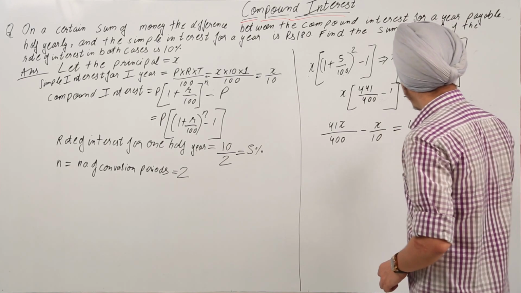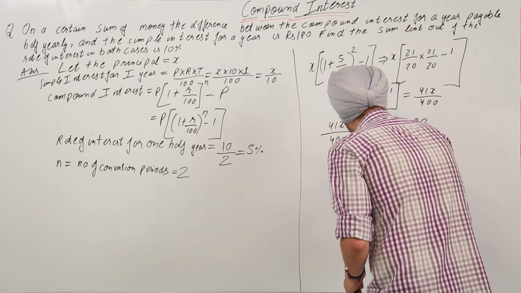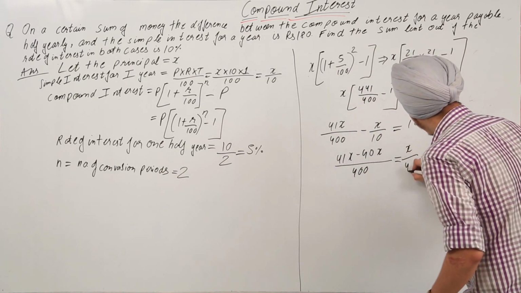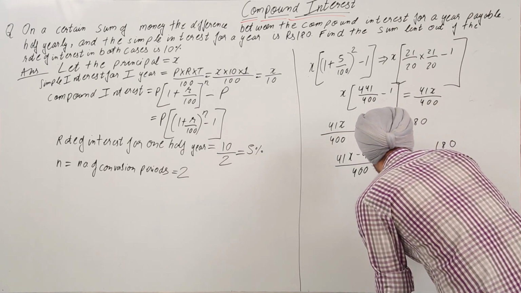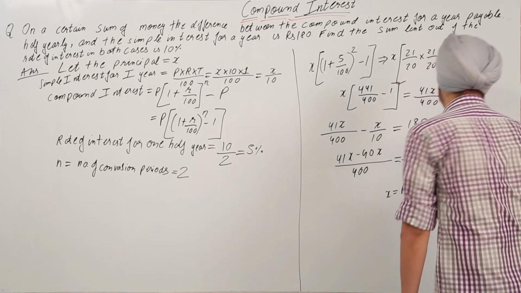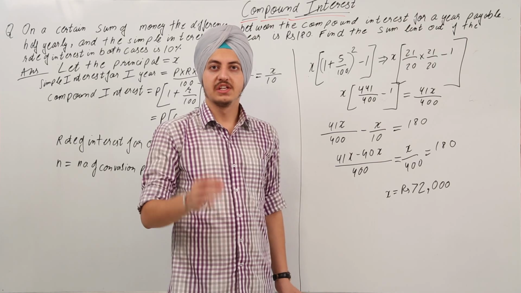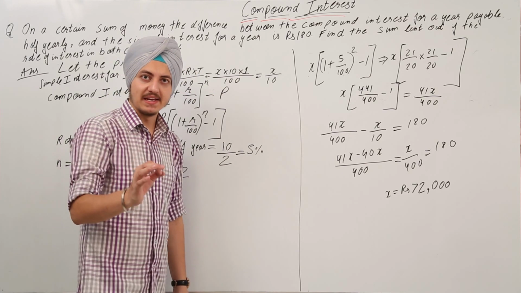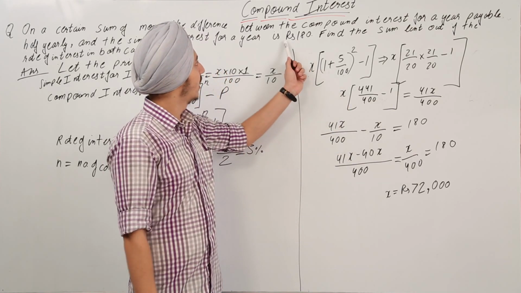So from here we get 41x minus 40x upon 400, that is x upon 400, equal to 180, and from here we get x equal to rupees 72,000. So if the sum is 72,000 rupees, the difference between the compound interest compounded half yearly and the simple interest taken at a rate of 10% is rupees 180.